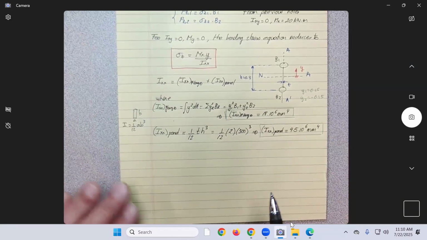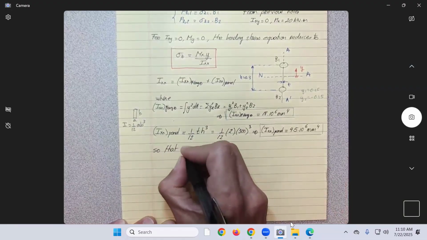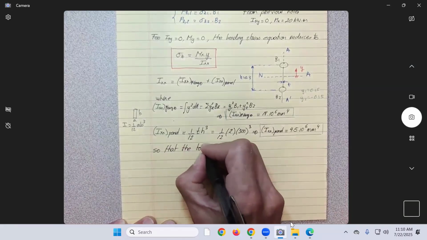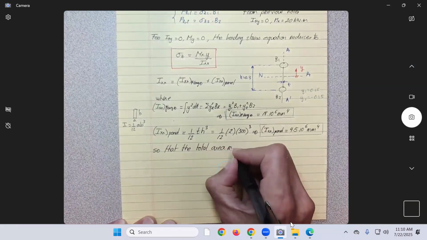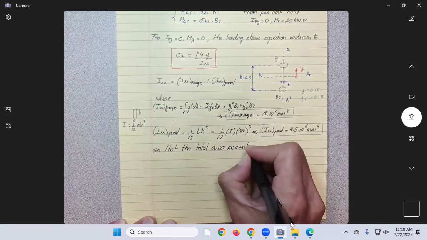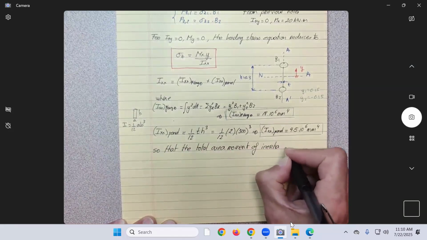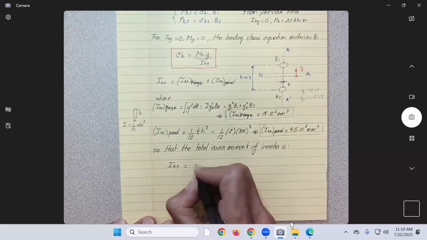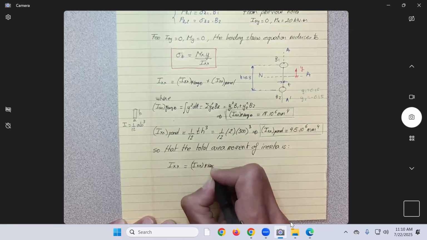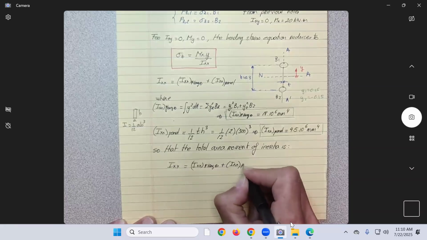So what do we have at the end? The total area moment of inertia, IXX, would be equal to IXX flanges plus IXX panel.